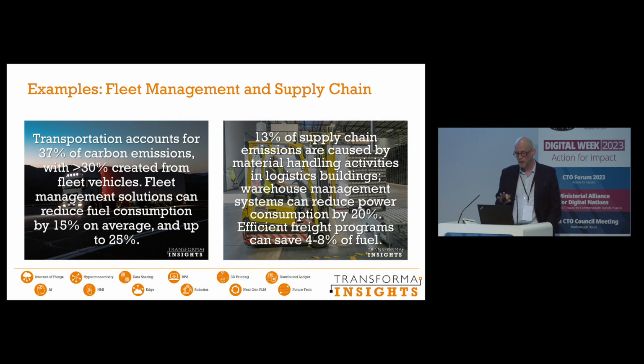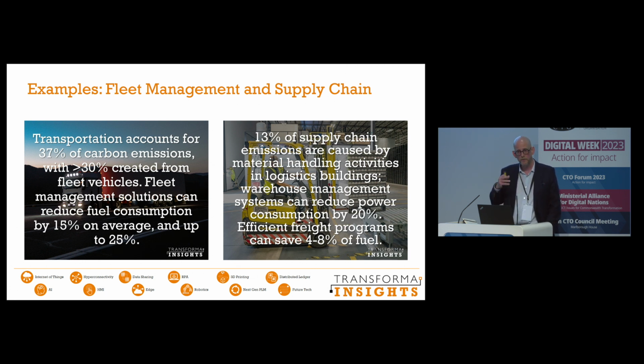And on the supply chain issue, what we're talking about there is more efficient logistics handling, warehouse management, just more efficient programs associated with making sure that supply chain infrastructure runs in a more efficient manner. There was an example from American Apparel in the US.